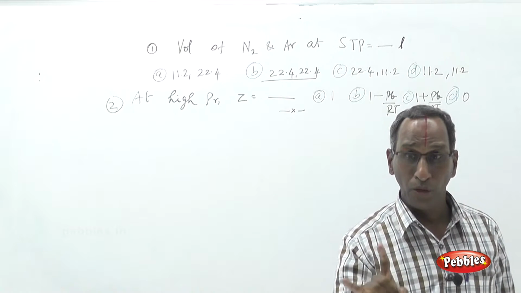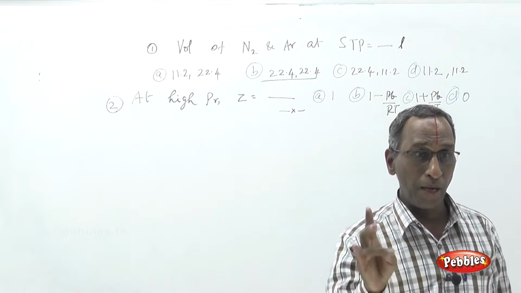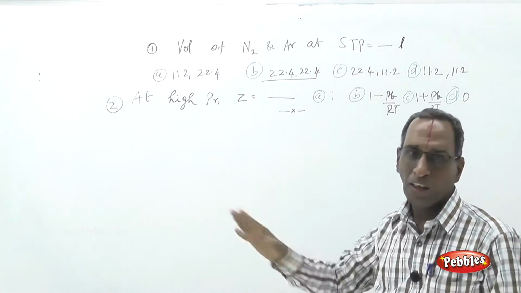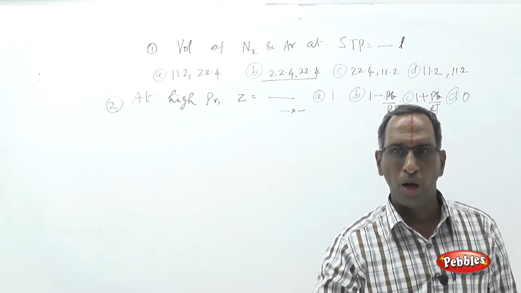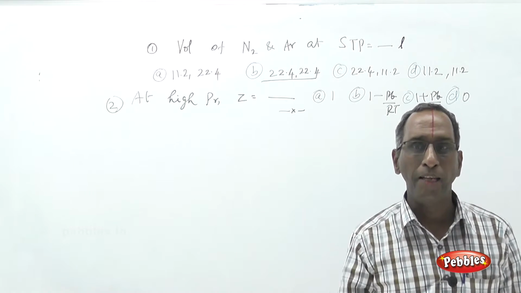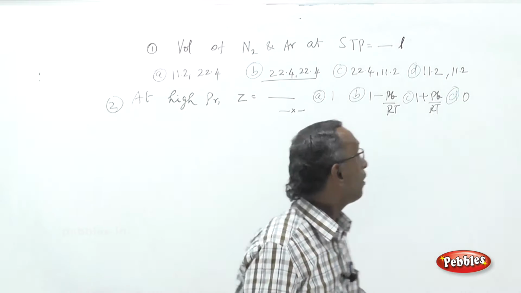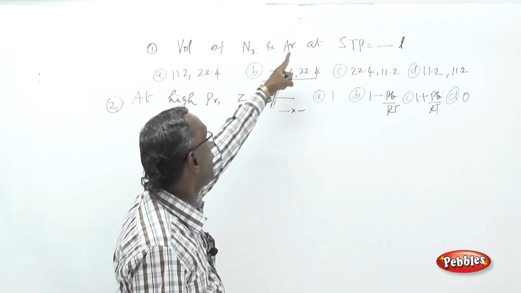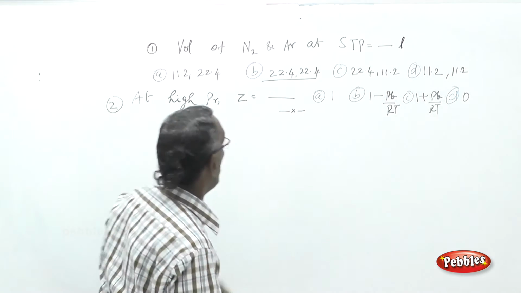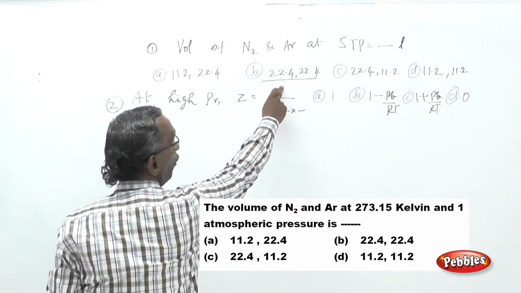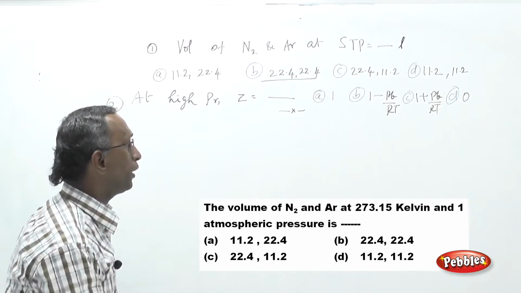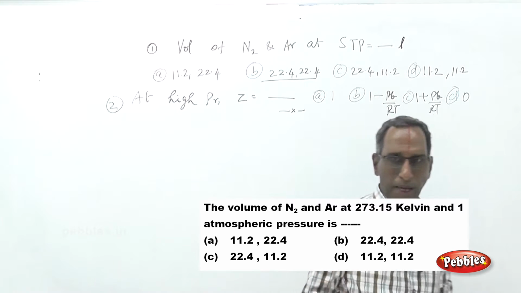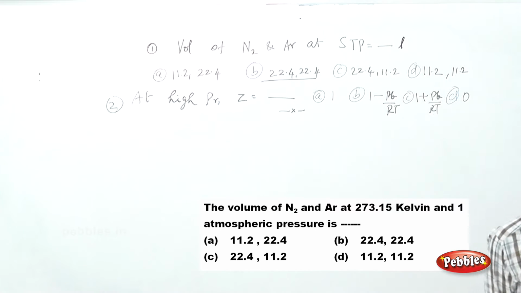Irrespective of formula, 1 mole of any gas at STP occupies 22.4 liters. N2 and argon are both gaseous, so they occupy the same volume of 22.4 liters. This finishes the correct choice for this question.